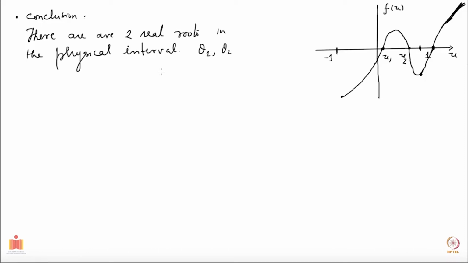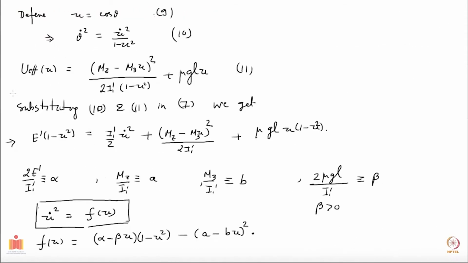Which means that as the top moves, the axis of the top is going to periodically change its inclination, moving between theta 1 and theta 2. So let me go back to this figure.